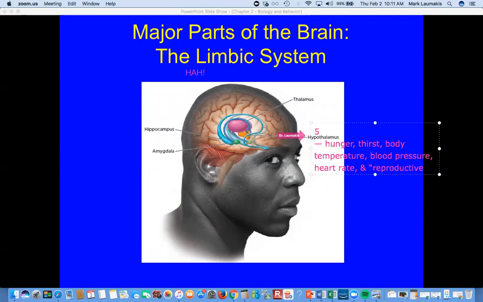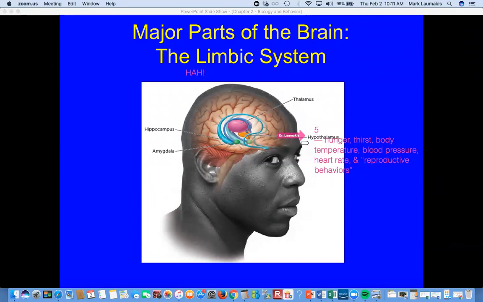Basically, sex drive is regulated by the hypothalamus. Man, that's a lot of stuff that matters, right? Eating, drinking, body temperature, et cetera, right? Hypothalamus is in charge of regulating all these things.